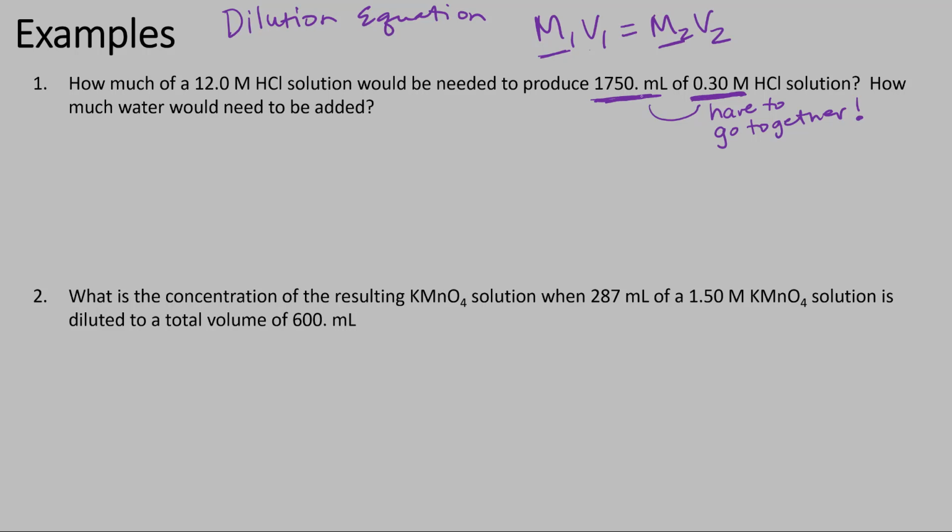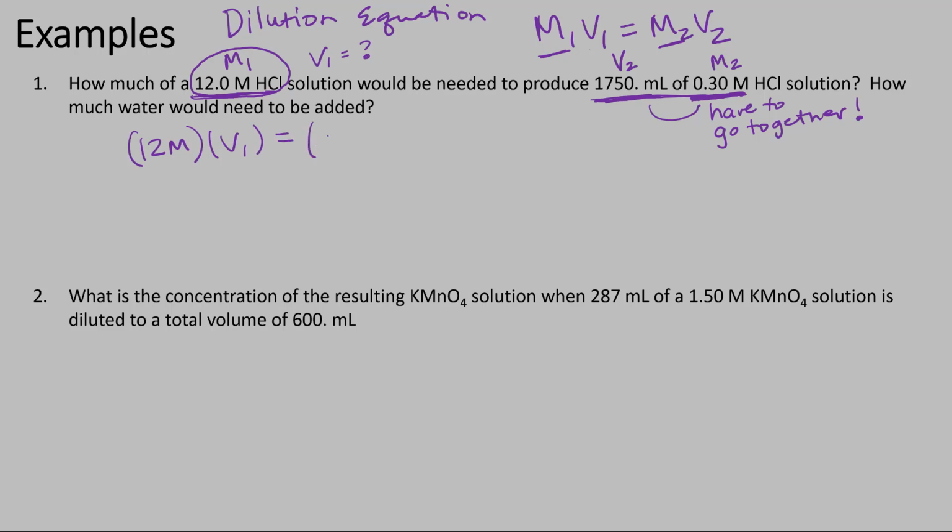So let's try using this equation with this first example. I'm going to say that this is M1, this would be V2, and this would be M2, because these have to go together. And I want to know how much of this solution, so that would be my V1, is what I'm looking for. So I'm going to plug everything into the equation. There's M1. I'm looking for V1.